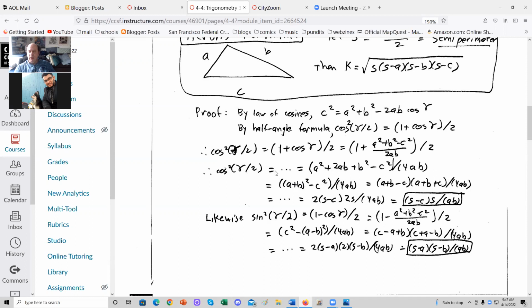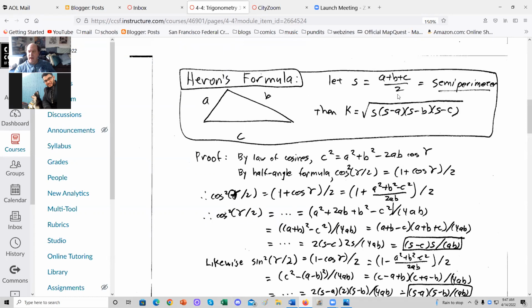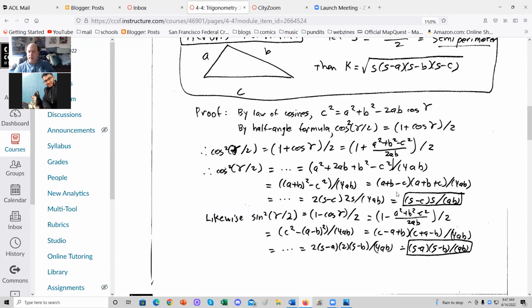So cos squared gamma over 2 is A plus B minus C times A plus B plus C all over 4AB. And then if you use the definition of S, the semi-perimeter, half the sum, and this is easy enough to verify, this is equal to S minus C times S all over AB.